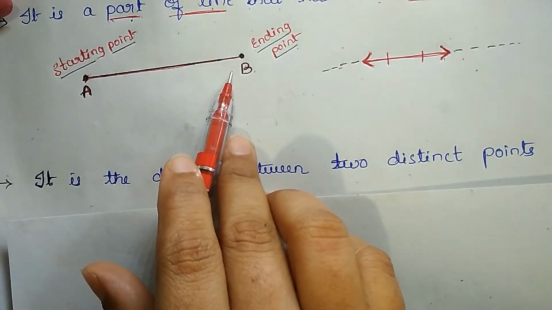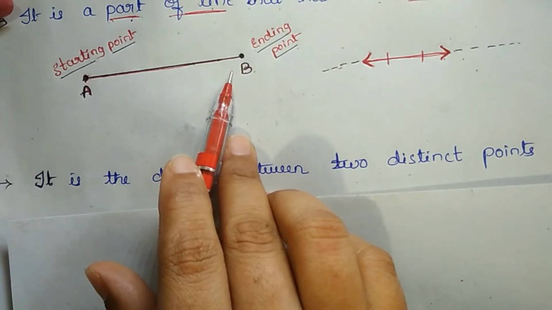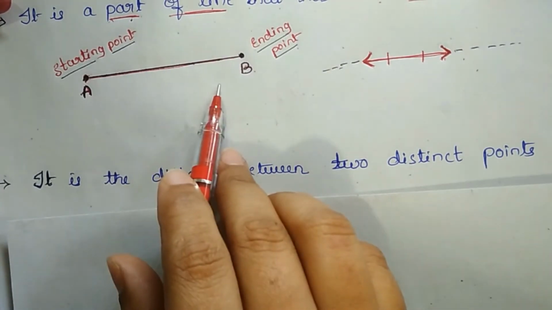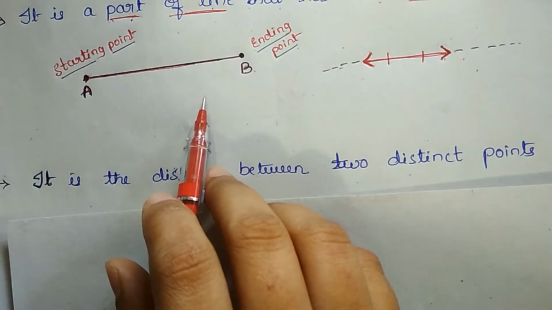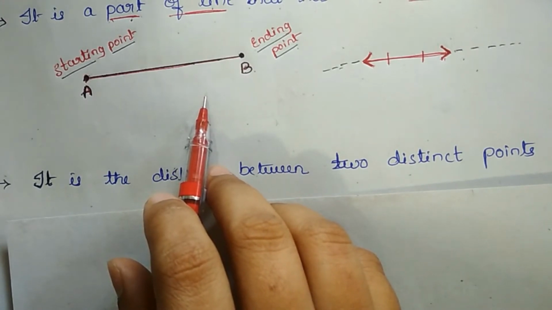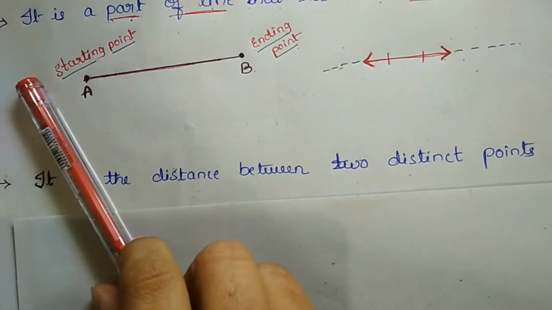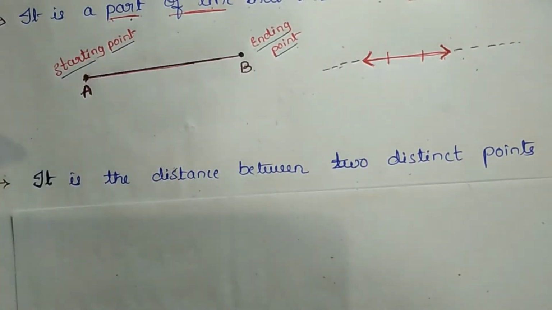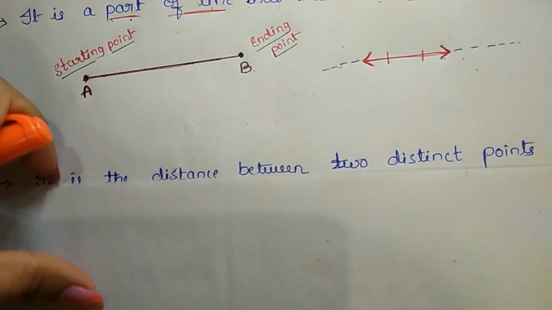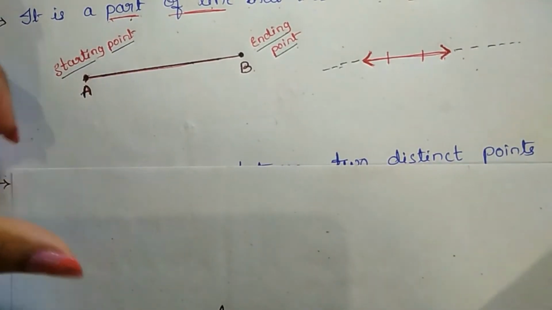What is distance now? Distance is nothing but the finite measurement of length. As you all know, length can be measured in different units. Do you know in what all units length can be measured? Can you recall it with this chart?